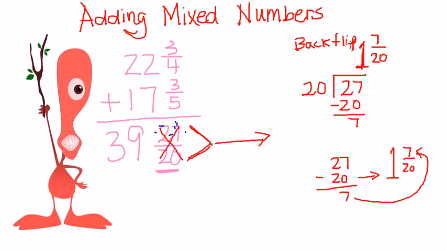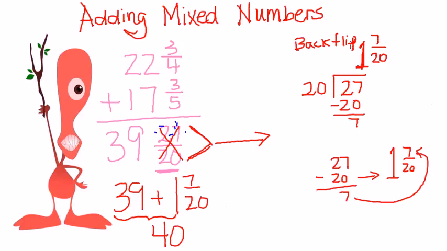It is now 1 7/20 that we are going to add to our 39 that was already there. When you add 39 and 1, that's nice and easy. That's 40. Bring down your fraction. So the answer to 22 3/4 plus 17 3/5 results in 40 7/20.